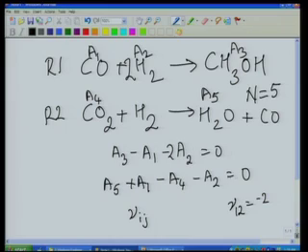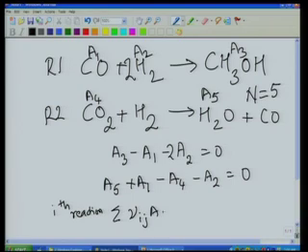Similarly, I can define for all other species. So, for my ith reaction, I have a stoichiometric coefficient nu ij for the jth species in the ith reaction. So, what is my ith reaction now? My ith reaction is nothing but summation nu ij Aj equal to 0. So, that is my ith reaction, and so this is my first reaction, second reaction and so on, depending on however many reactions we have.